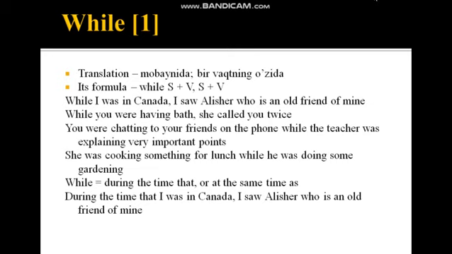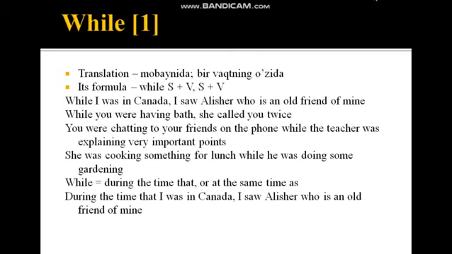So during the time that I was in Canada, I saw Alicia, who is an old friend of mine. Or instead of just using long parts of the sentence like during the time that, just use while itself for this part, okay? But we've been learning some synonyms, and I've encouraged you guys to use synonyms instead of words like but and, let's say, the word so.